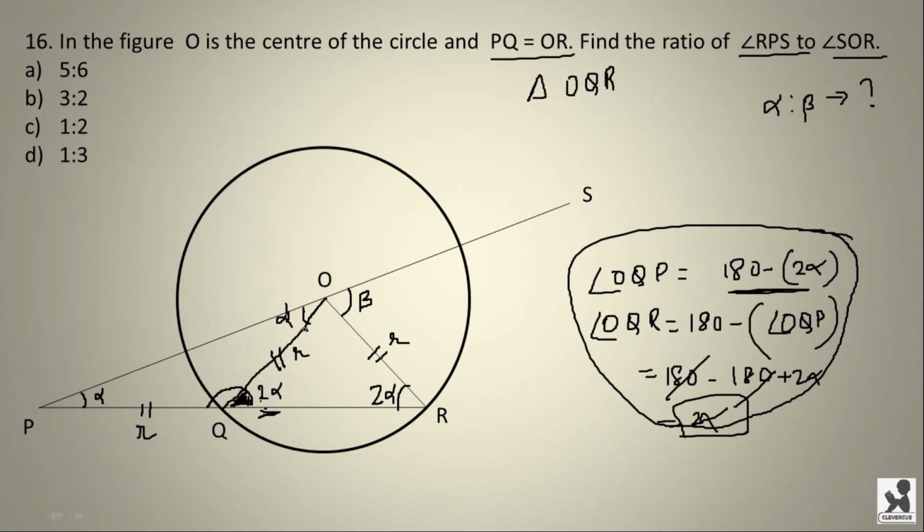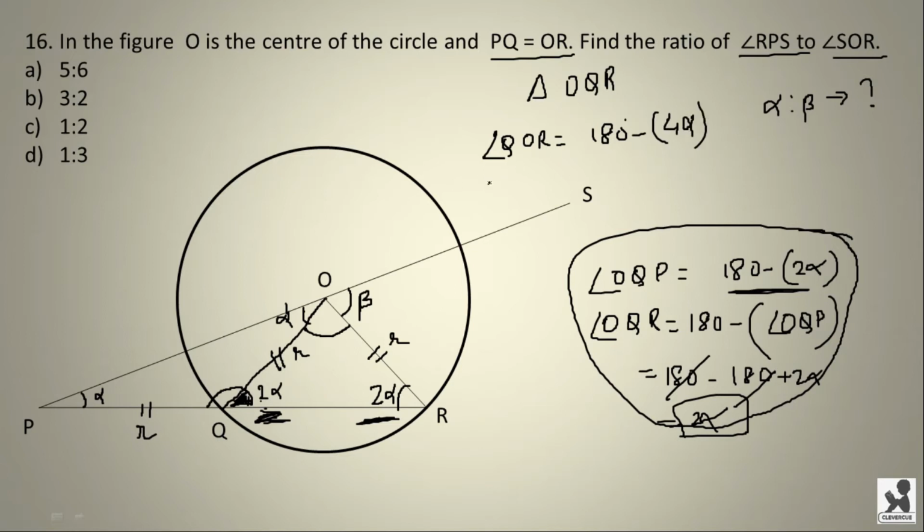If we find the angle QOR in the triangle OQR, we can easily find out the value of beta, that is angle SOR. So angle QOR is equal to 180 degrees minus (2 alpha plus 2 alpha), that is 4 alpha.